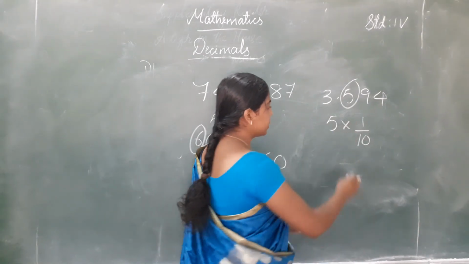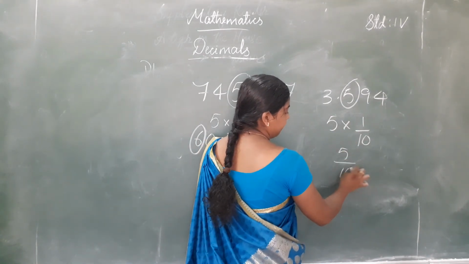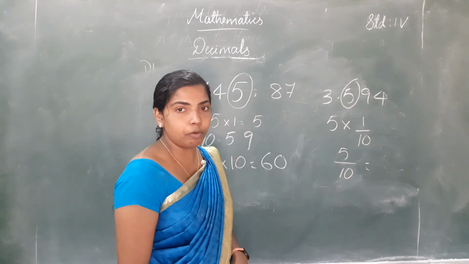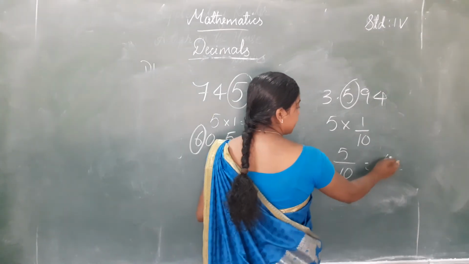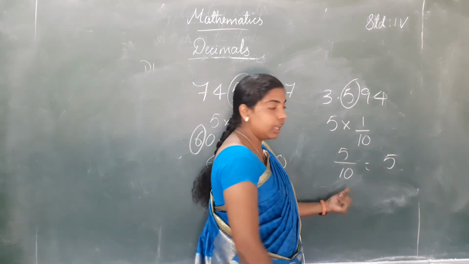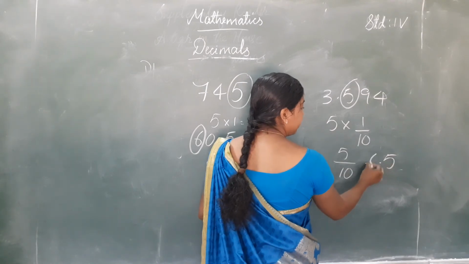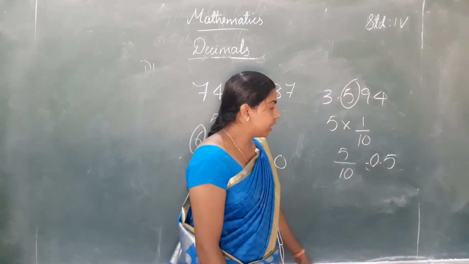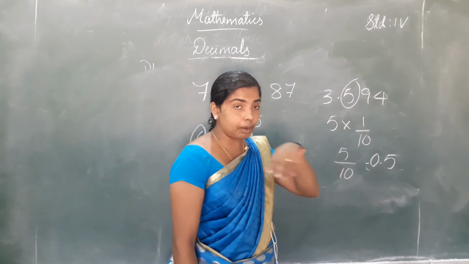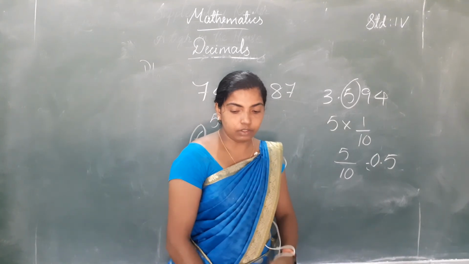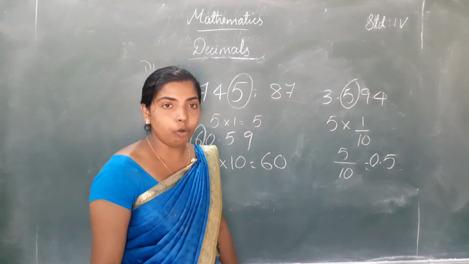So 5 into 1 is 5 by 10. Now we have to find the decimal form of this. Write the numerator as it is. Here there is one 0. So after one place you have to put the point. So the place value of 5 is 0.5. I hope it is clear for you.